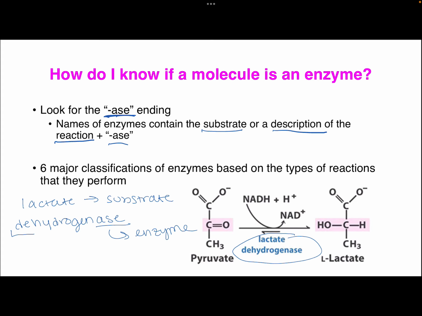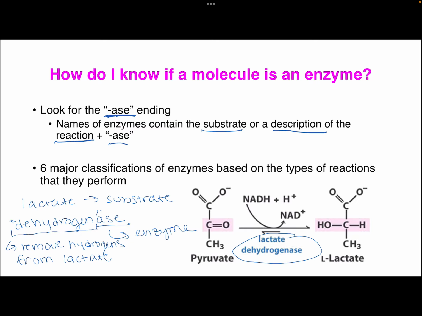Now, let's look at this dehydrogen. So this enzyme does exactly what that dehydrogen would imply that it does. It's going to remove hydrogens from lactate. All right.